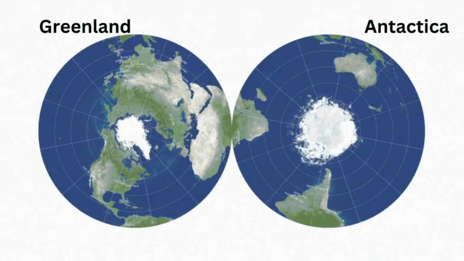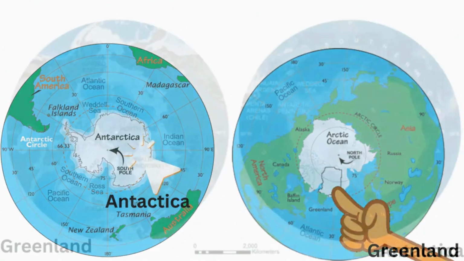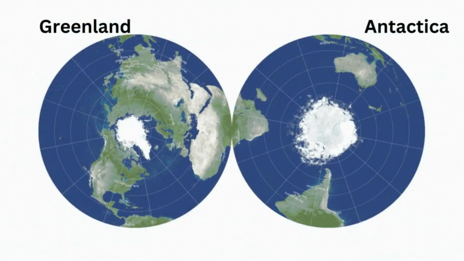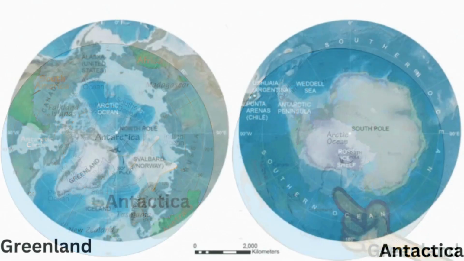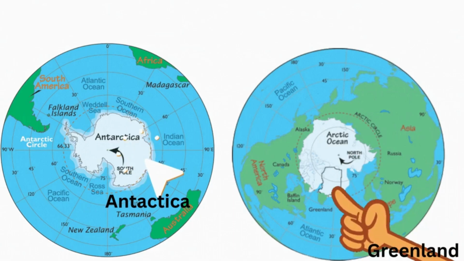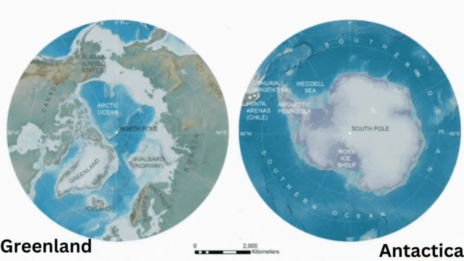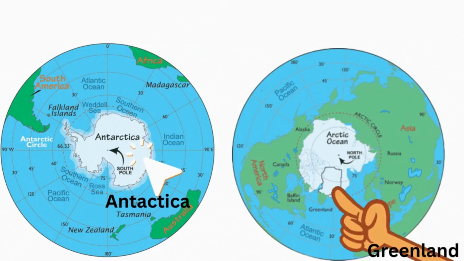Antarctica is the Earth's southernmost continent and is located almost entirely south of the Antarctic Circle. It is surrounded by the Southern Ocean. Antarctica is the coldest place on the planet, with 98% of its surface permanently covered by ice and snow.